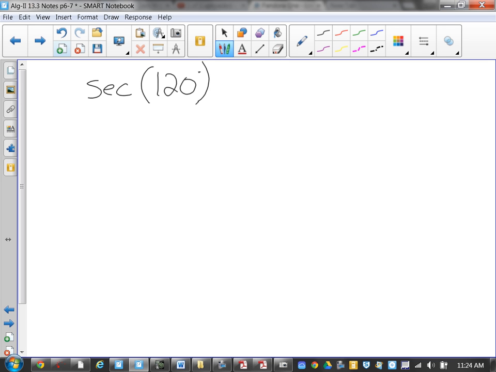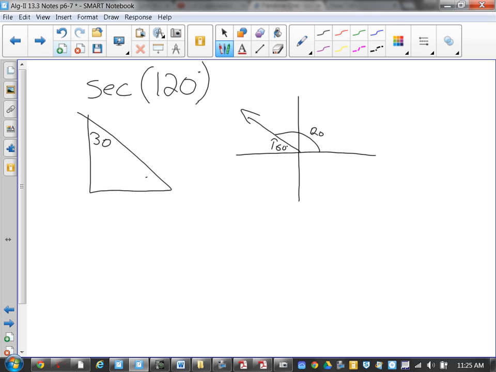So, secant 120. What quadrant is 120 degrees? Second quadrant. What is its reference angle? 60-degree reference angle, which means I'm going to use a 30, 60, 90 triangle.